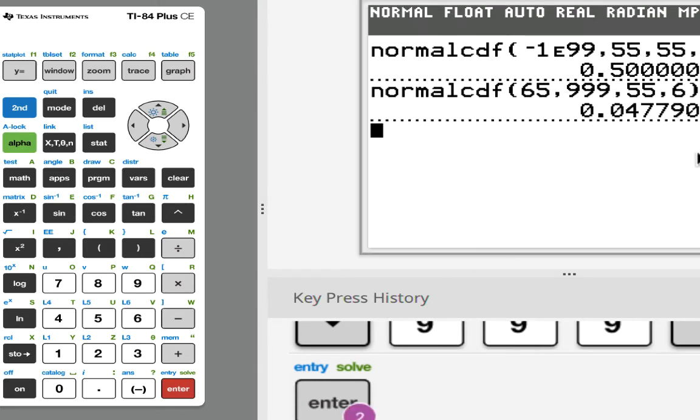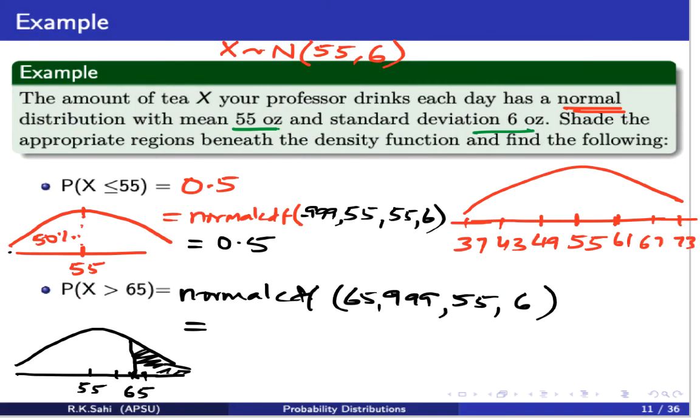Again, enter, you get the answer to be 0.04779. Just 5 decimal points is good enough for us. Okay. So let's write down what was the answer we got on our calculators. 0.04779.